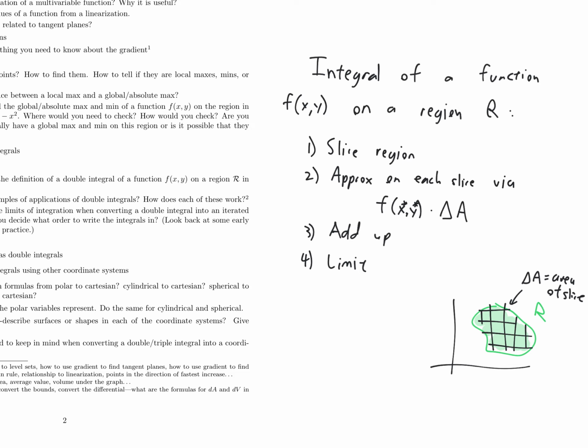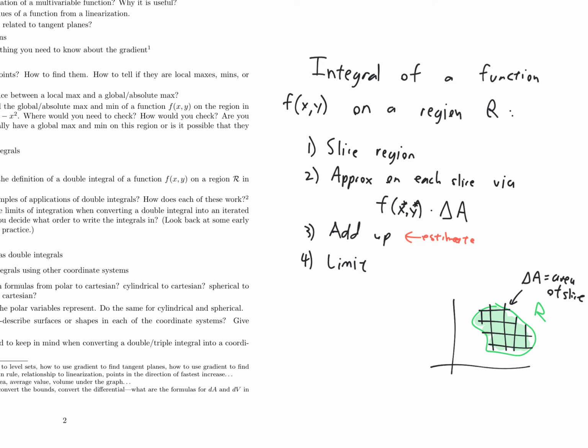What you can do is approximate on each slice by slicing up the region, approximating the population one slice at a time, because the population density is basically constant on each slice. So you can approximate on each slice and then add up all of those slices. So in this third step, you're getting an estimate for the entire population.